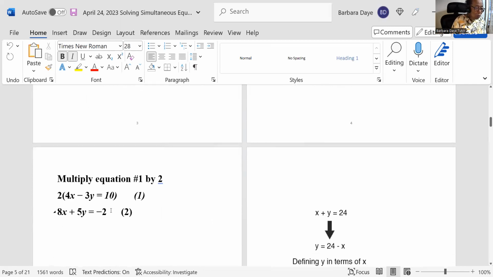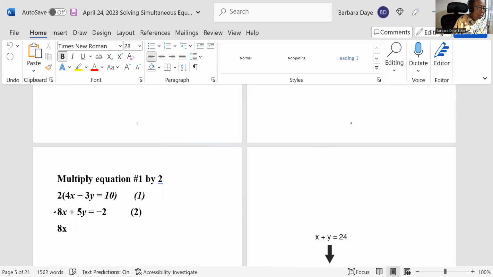Now, when you multiply that, what do you get, Maureen? Equation number 1. You multiply everything by 2, right? Yes. 2 4s is 8x. Very good, and minus 6y equals 2 times 10, which is 20.